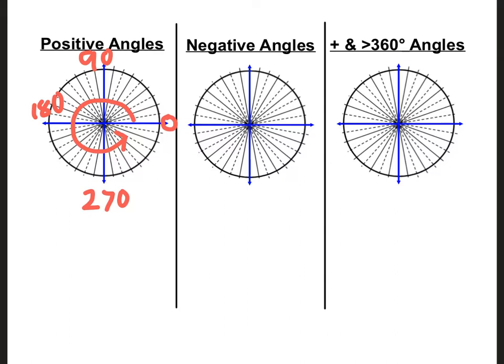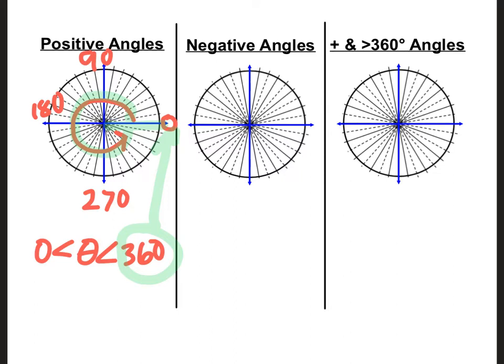Again, my positive angles should be between 0 and 360. So we'd have 0 is less than theta, which is less than 360. Technically, this 360 number is also at the same spot as 0.